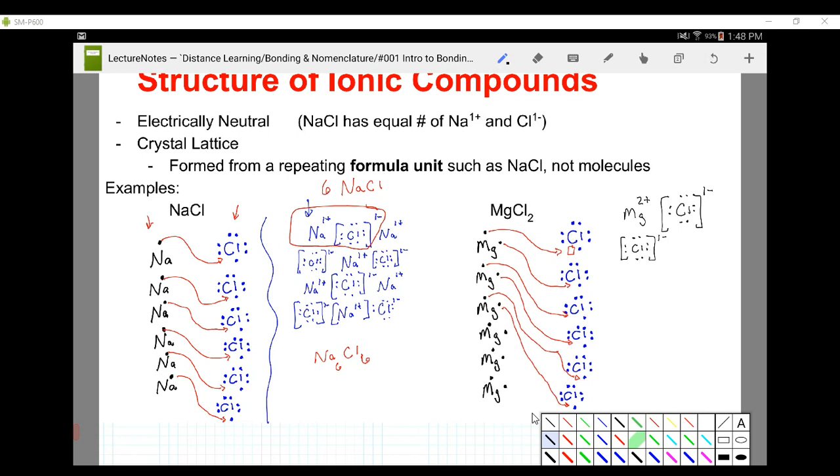And based on the arrow diagram that we drew down here, we can see that in order for this to go to completion, I would need to use 3 magnesium ions, or atoms. And as a result, in order for those 3 magnesiums to give up all their electrons, I would need 6 chlorine ions.